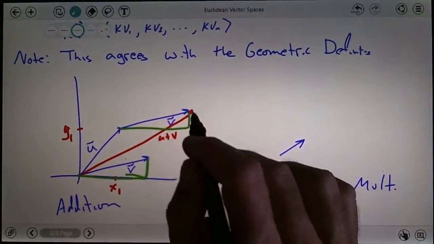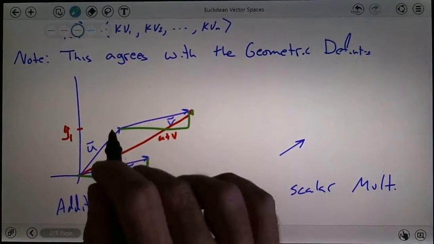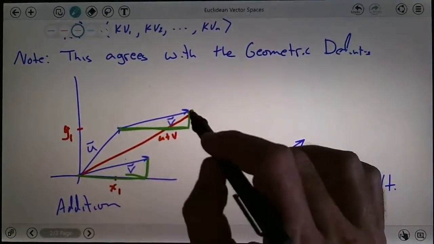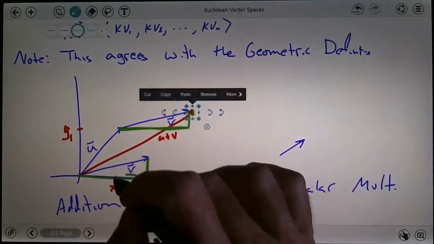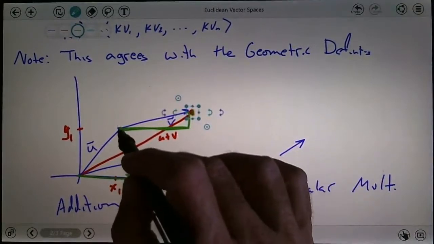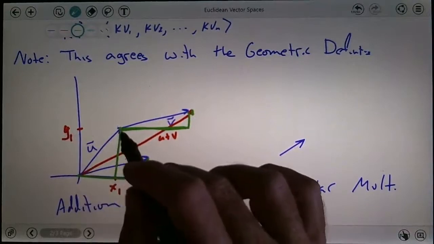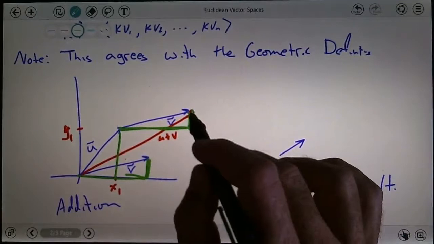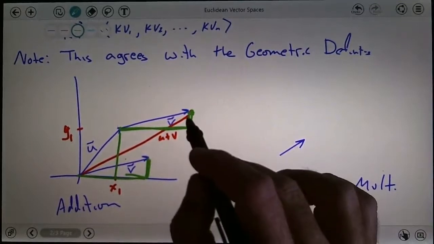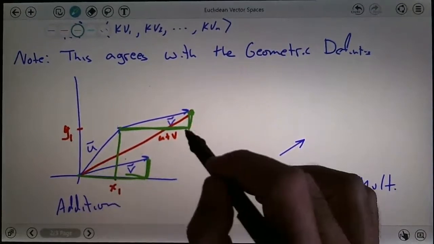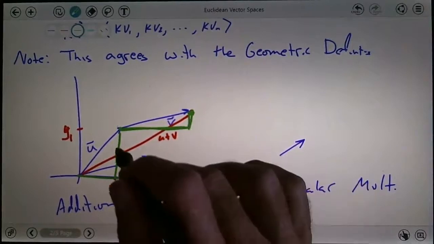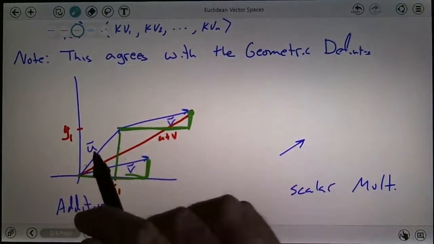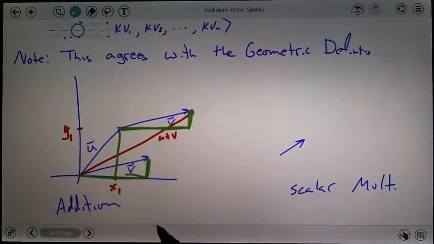So the x coordinate of this point is the x coordinate right here plus that length, which is the x coordinate for v. Likewise, the y coordinate right here is first you've got to get all the way up to there, that's y1, and then you've got to move up a little bit further, which is the same amount as this. So the total x coordinate is the sum of the two x coordinates, and the total y coordinate is the sum of the two y coordinates. Hence the way we define addition agrees with our notion of adding those two vectors.